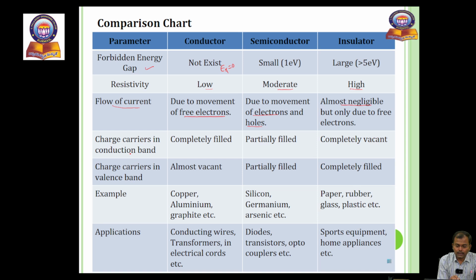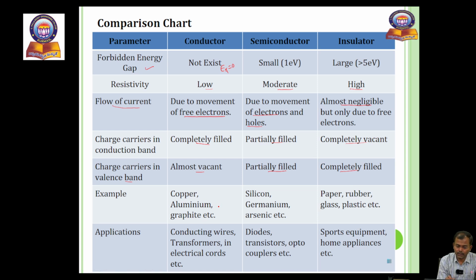Charge carriers in the conduction band: for conductors it is almost vacant, for semiconductors it is partially filled, and for insulators it is completely vacant. Charge carriers in the valency band: for conductors they are completely filled, semiconductor is partially filled and the insulator is completely filled, because all the valency electrons are in the valency band only for the insulator.